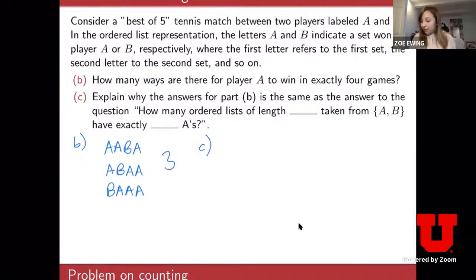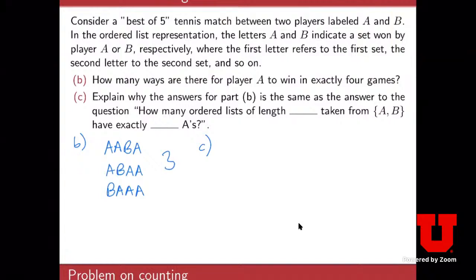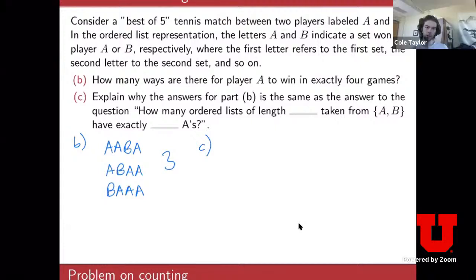Then C asks why the answer for part B is the same as the answer to the question, how many ordered lists of length blank taken from the set that includes A and B have exactly blank A's. So we need to fill in these blanks and also understand why that question is the same. Does anyone have a guess? 4 and 3.